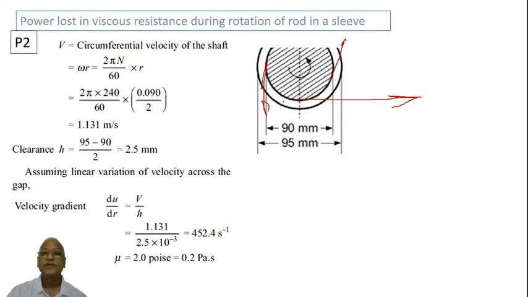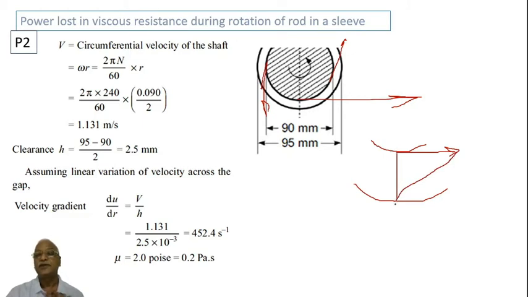If I exaggerate, there is a rod and a tube, all filled up with oil, and here there is a velocity. Now this is stationary, so the velocity distribution becomes like that, and we are considering it linear. If you come away from the rod, the velocity decreases and ultimately becomes 0. This is a linear velocity distribution.